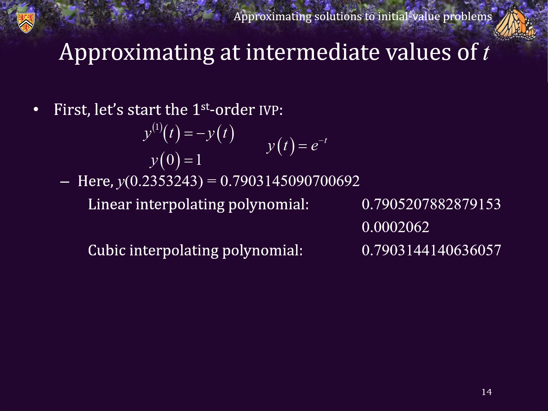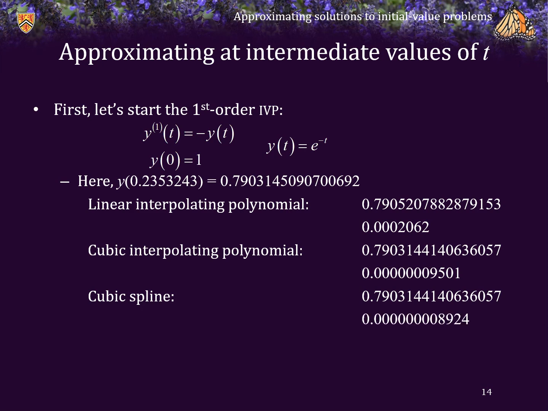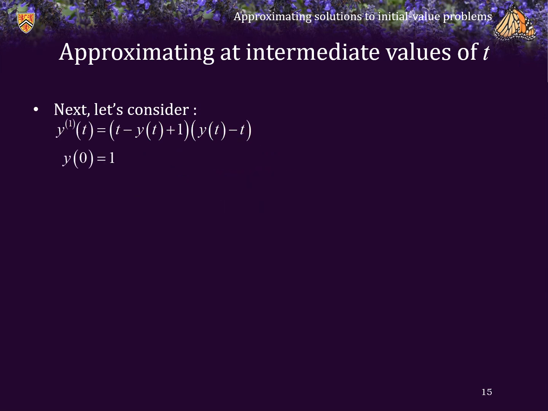That's the estimation of the value at 0.23 and change, and the error has dropped significantly. However, if we calculate the spline and evaluate the spline at that point, we see that the error drops again by a factor of 10. All right, so this actually suggests cubic splines are the tool to use.